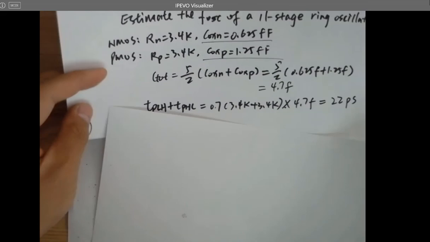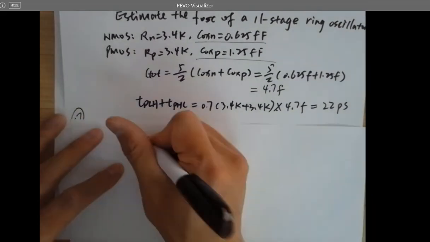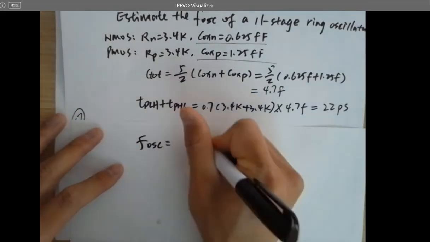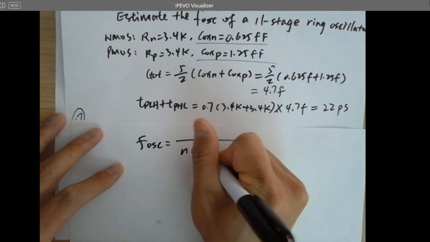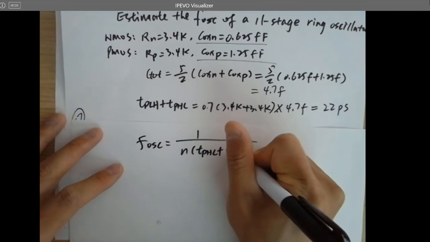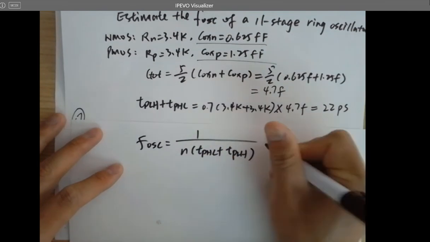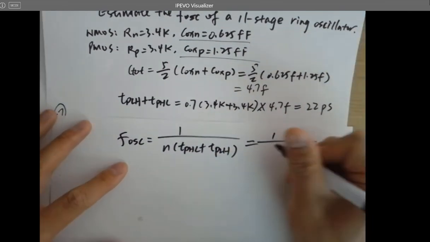So what is the frequency? FOSC equals 1 over n times the period, with 11 stages.